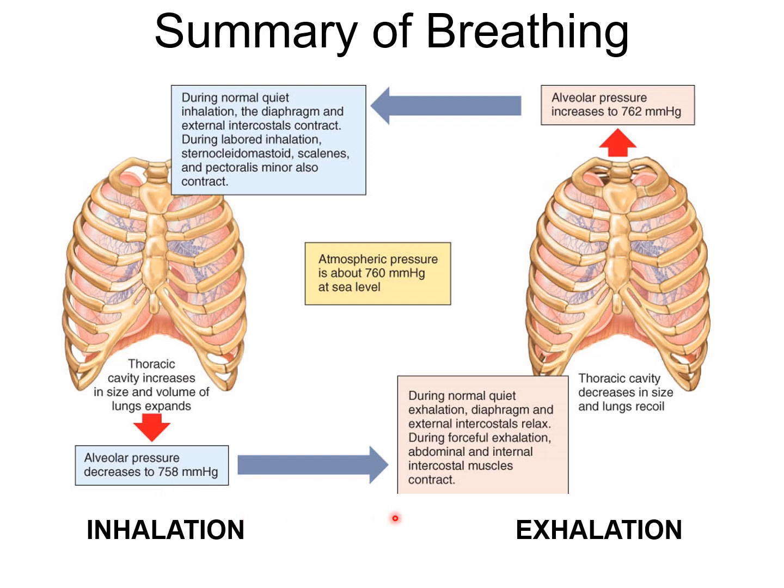Let's take a look at exhalation. A different set of muscles and events will lead to the decrease in the size of the thoracic cavity. This action will create a high pressure environment now inside our respiratory system.